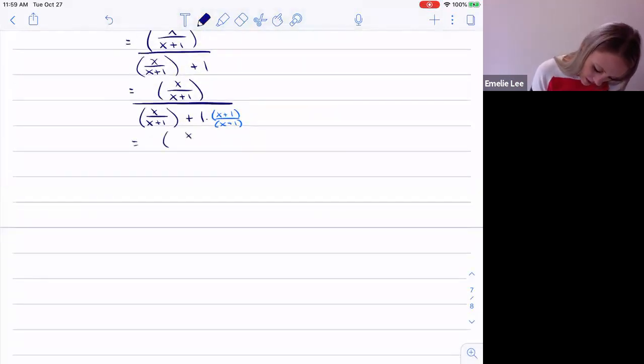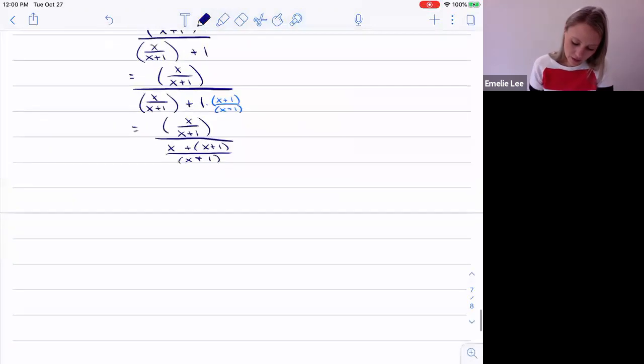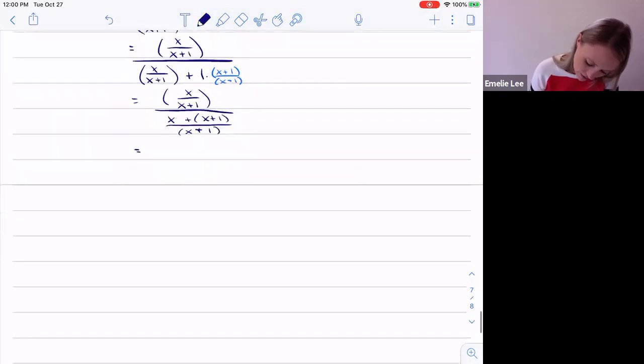So I get x over x plus 1 divided by x plus 1 over x plus 1. Okay. X plus x plus 1 is 2x plus 1. And when I flip and multiply, a lot of this stuff is going to cancel out.